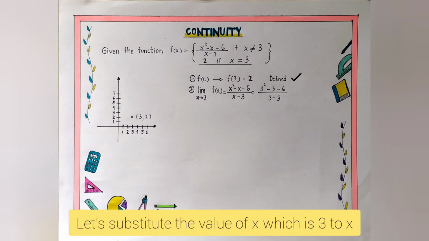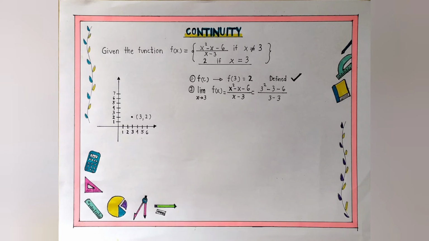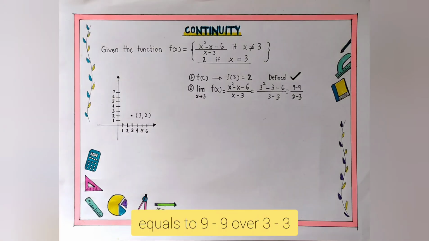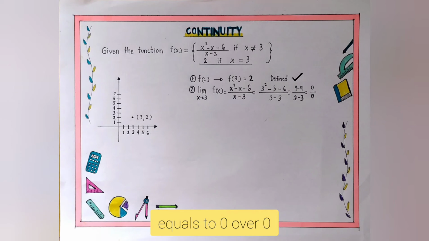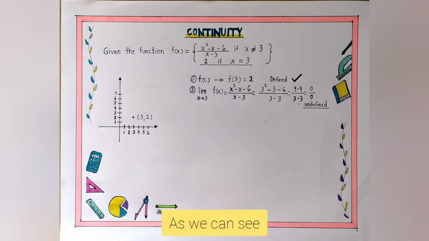Let's substitute the value of x, which is 3: 3 squared minus 3 minus 6 over 3 minus 3 equals 9 minus 9 over 3 minus 3 equals 0 over 0. As we can see, 0 over 0 is undefined.